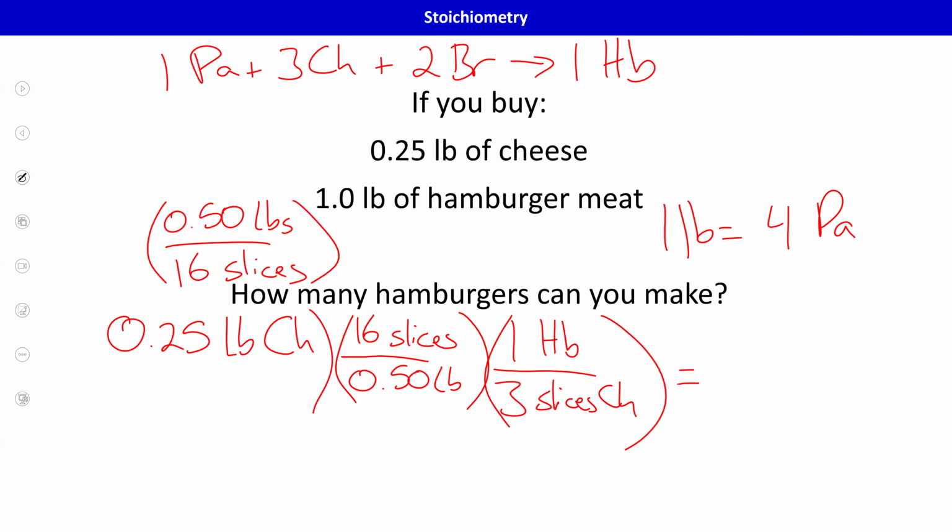We have enough cheese to make 8/3. That gives us what? 2.67. Where's Bianca?